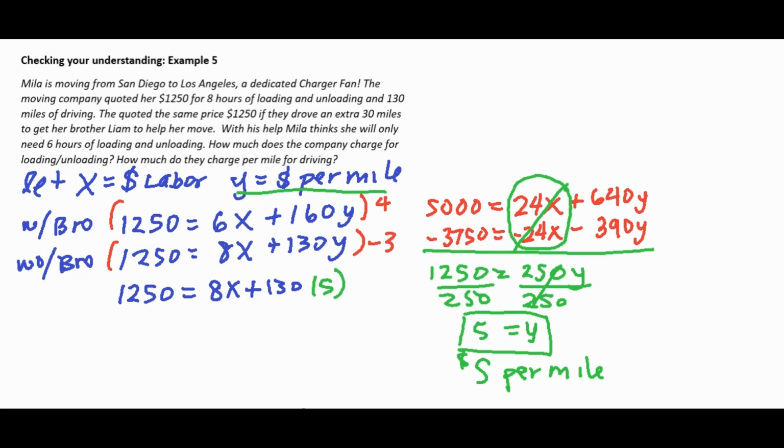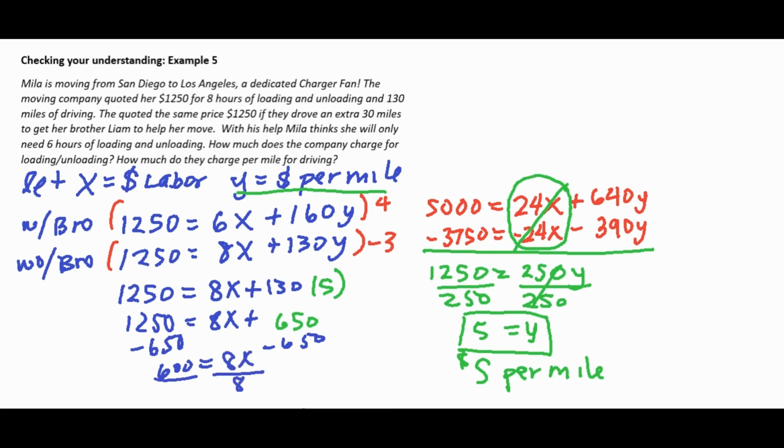Now we solve for x. 130 times 5 is 650, and subtracting 650 from both sides, I get 8x equals 600. Divide by 8, and x equals 75.